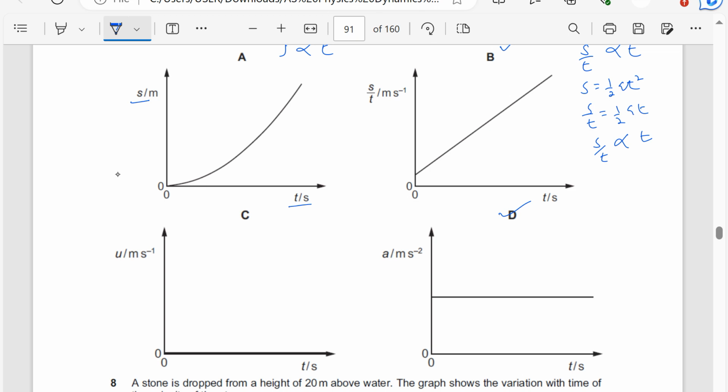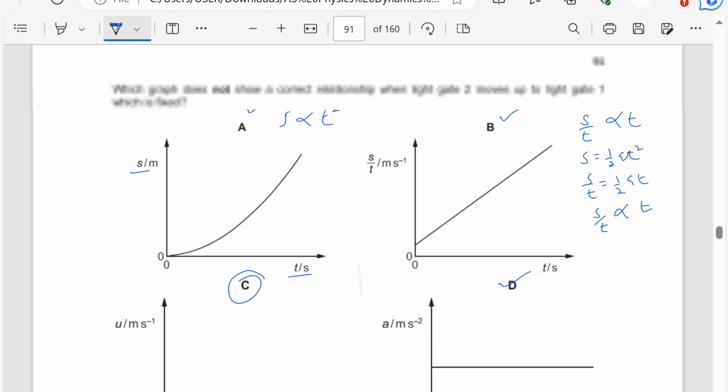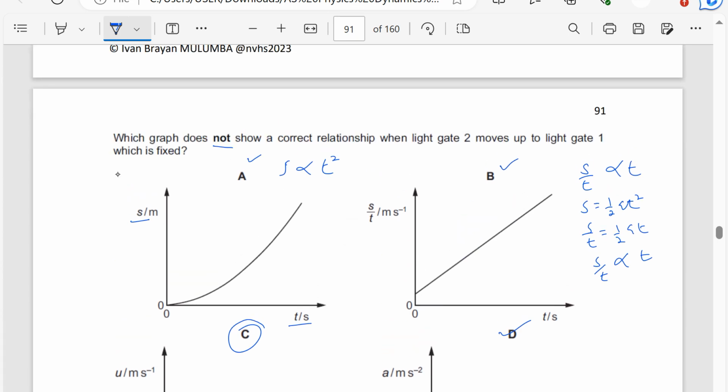The acceleration is 9.81. So this one is not going to be a correct relationship because it's showing that as S becomes smaller, initial velocity remains 0 throughout, but there is no relationship between U and T. U is not depending on T, so this is not going to be a correct representation, because the question was which graph does not show a correct relationship when light gate 2 moves up to light gate 1, which is fixed.